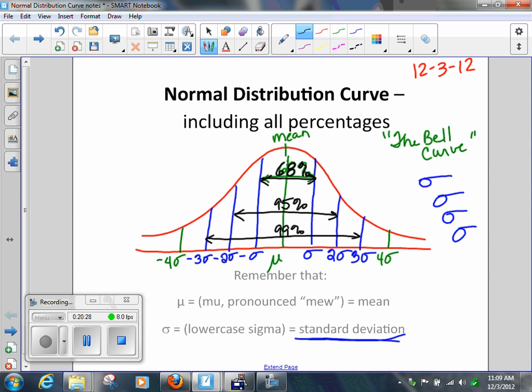Okay? Now, 68, 95, 99. You flat have to memorize that. Period. And I got to thinking when I was studying this yesterday, back in the day, a failing grade was a 75, an A was a 95, and an A+ was a 99 and 100.